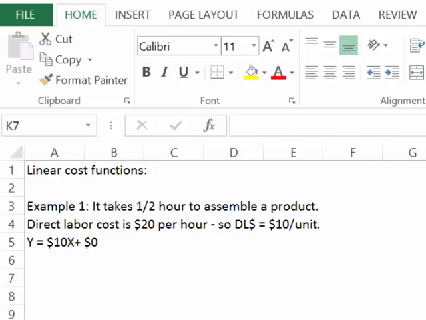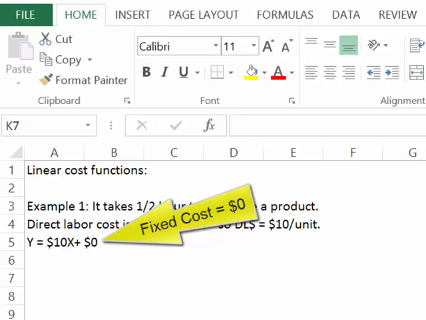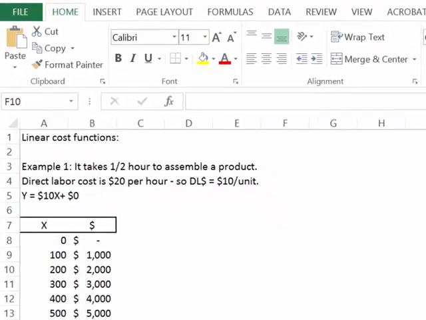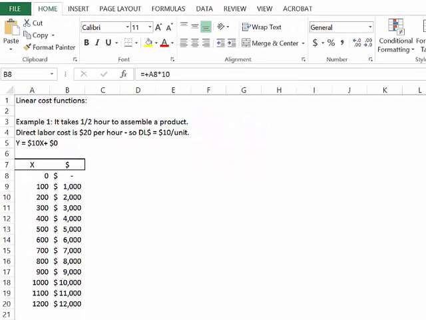And when we write that as an equation, that is y equals 10x plus 0. And that's saying that the fixed cost portion is 0 and the variable cost portion is 10, and it will go up $10 for every unit that we make. So if we add some data to this, I've taken and added a formula that just multiplies the number of x's by 10.